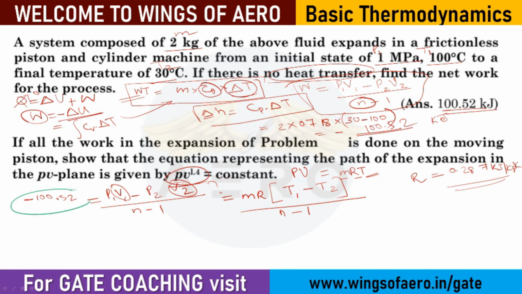Now we know this, so if we substitute, 2 into 0.287, 100 minus 30 by n minus 1, that is minus of 100.52.